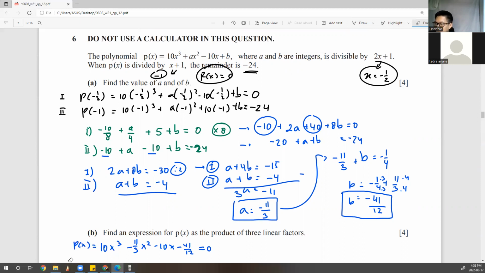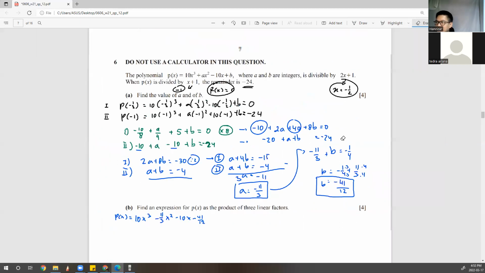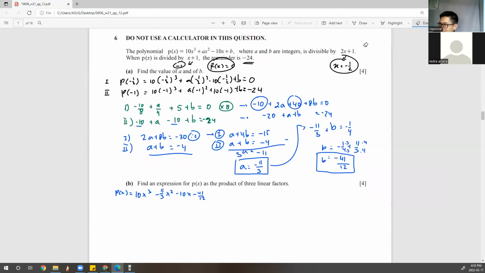And then we know that one factor is 2x plus 1, right? So actually what you need to do is try to divide. So p(x) equals 2x plus 1 times what, so that it will become this. So you have to do the Horner rule. Have you learned about the Horner rules?